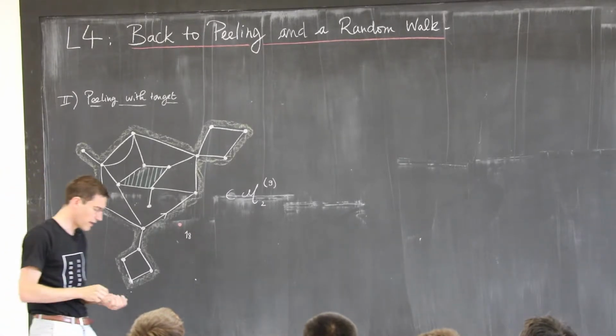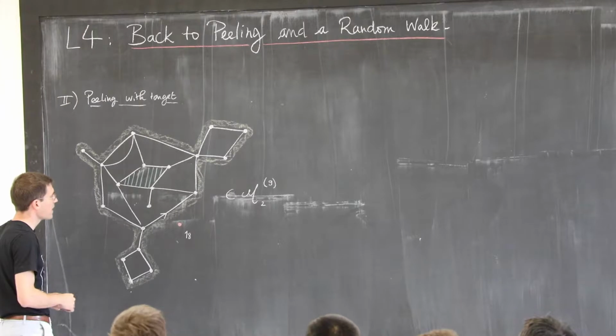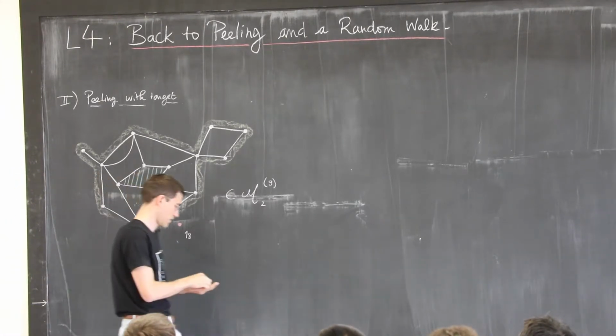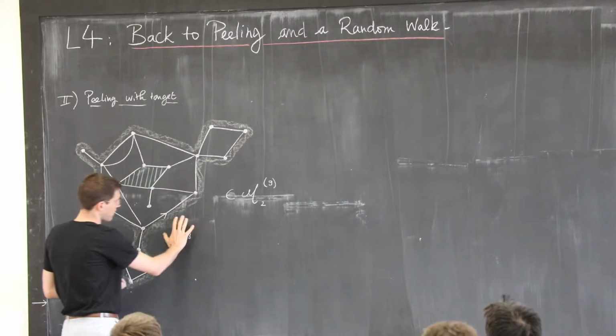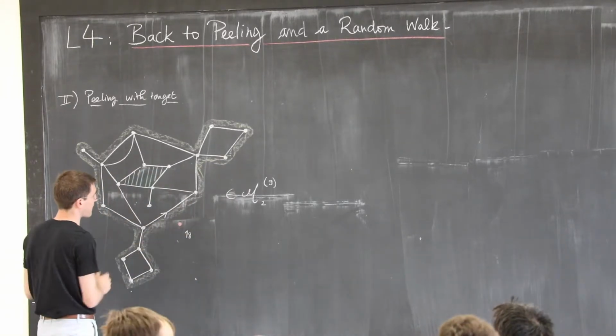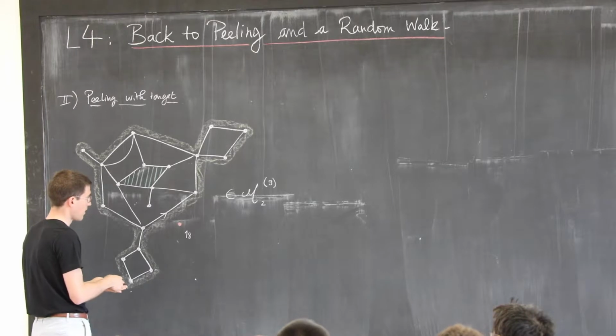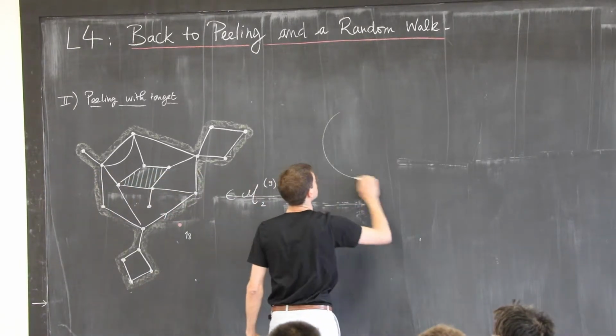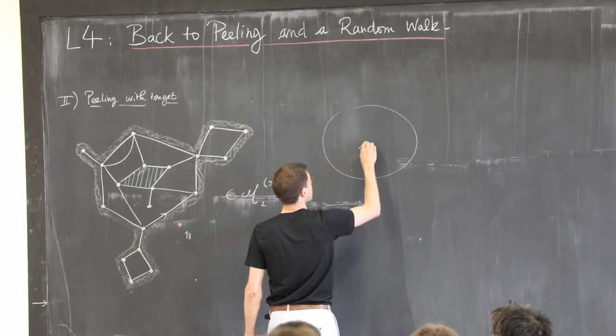Our goal is to explore this castle. Imagine that this red dot is your starting point. What do you see when you start in this castle? You see a room which has perimeter 18.